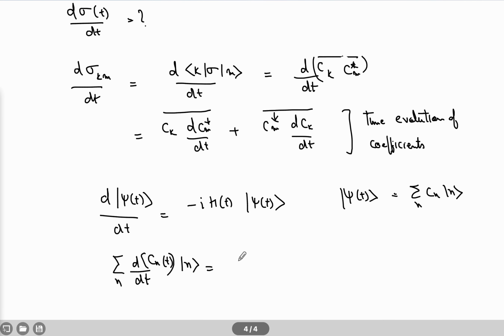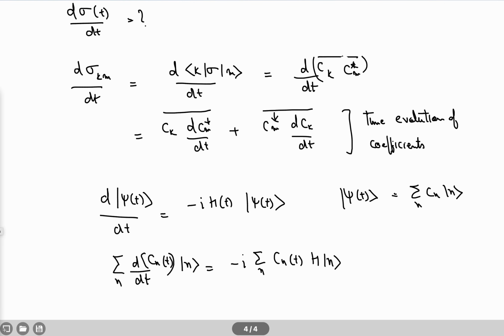And then on the right hand side, what I have is minus i summation n cn(t). Similarly here, the Hamiltonian will act only on the eigenstates. Coefficients will come out, right? Okay, now how do I simplify this?